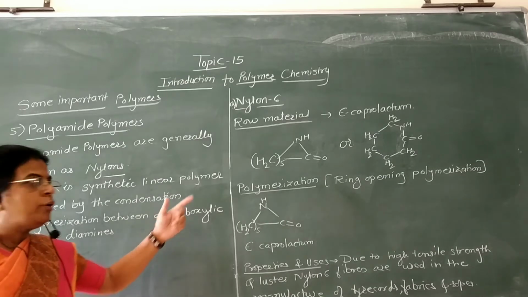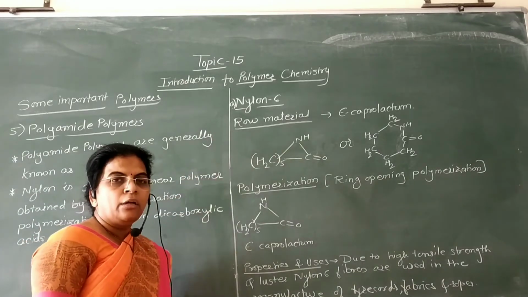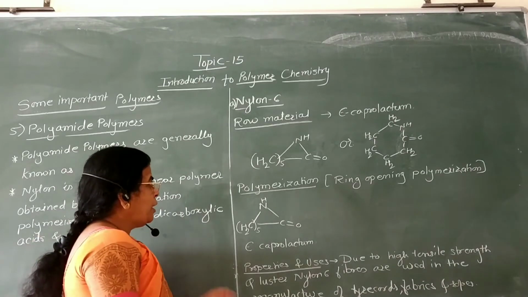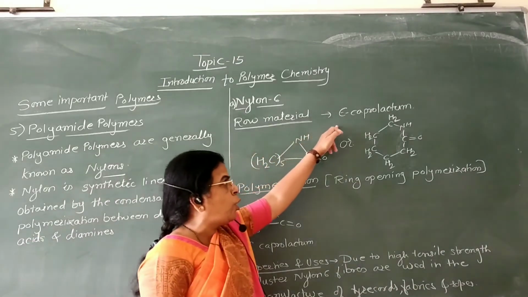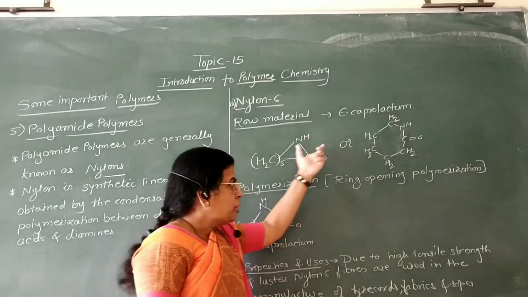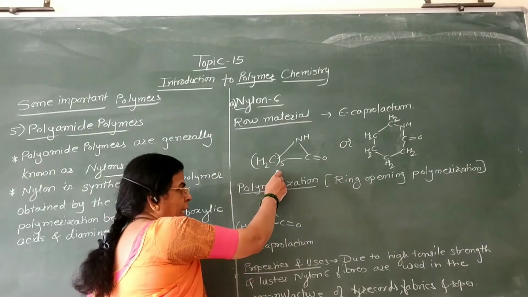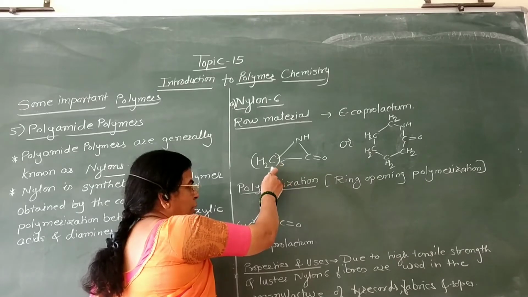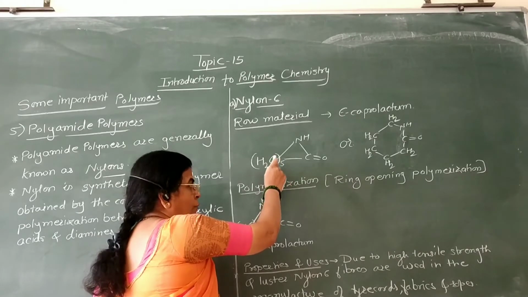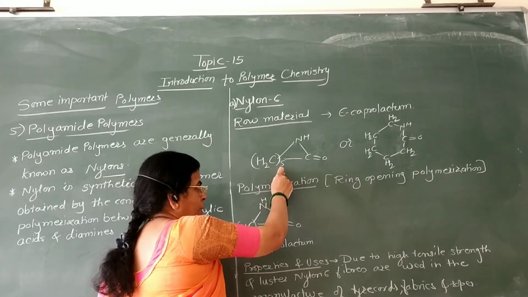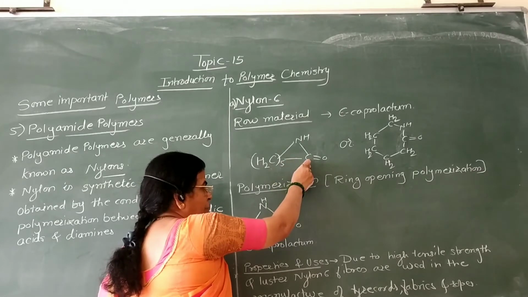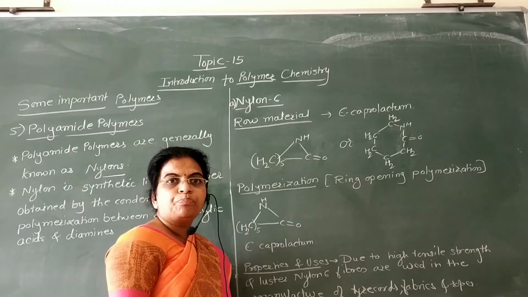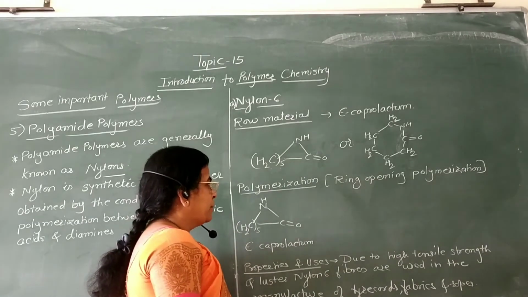Now first we are going to see nylon 6. Nylon 6 is the first polyamide fiber. The raw material used is epsilon caprolactam. The structure of epsilon caprolactam is a ring structure in which there are 5 CH2 groups in the ring. A CO group is also present and an NH group is also present in the ring structure.